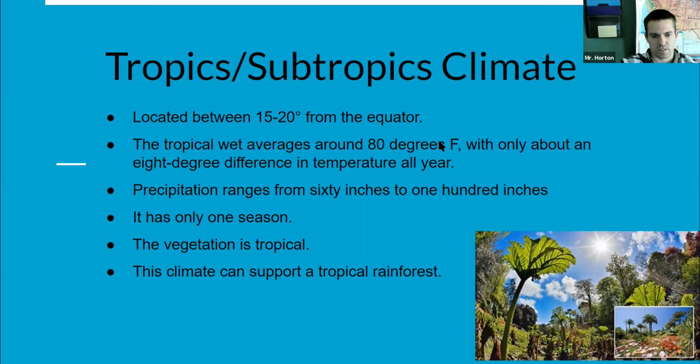Our next one is the tropics or subtropic climates. For this one, the precipitation ranges from 60 to 100 inches in a year.